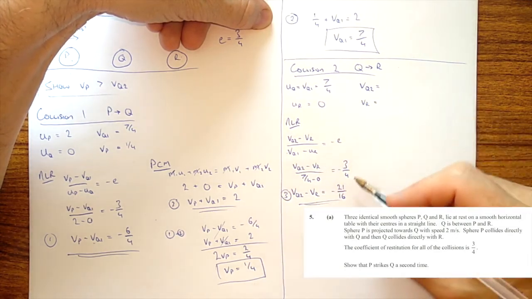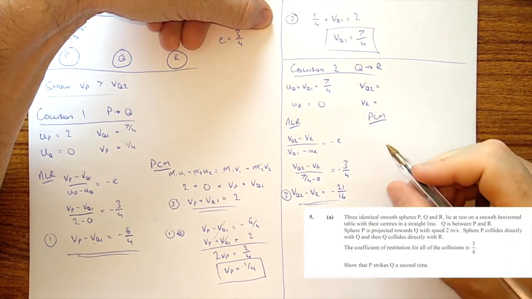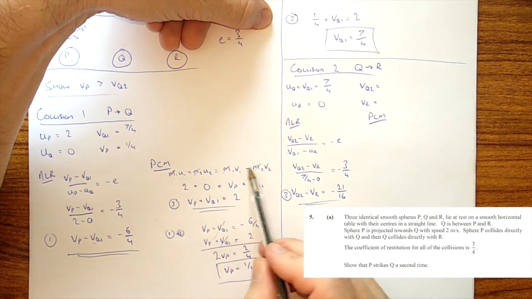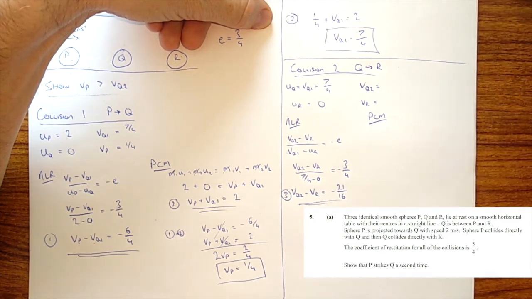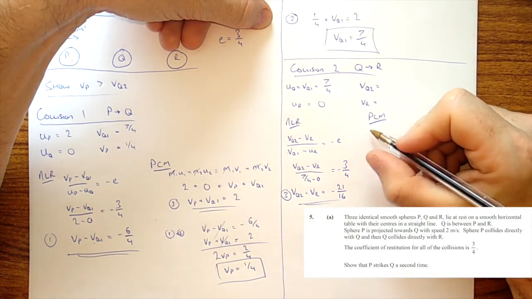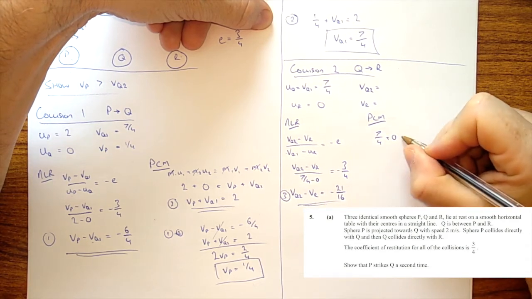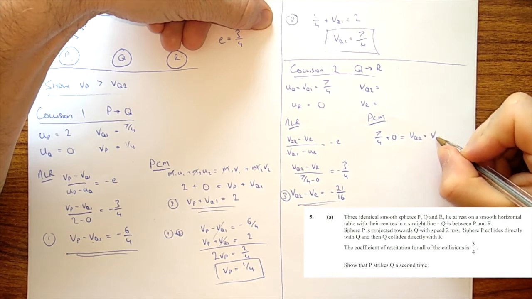Now we'll do our principle of conservation of momentum over here, so you can squeeze it all in nice and neat. We know from before the masses cancel out, so it's just the two initial velocities equal the sum of the two final ones. So in this case, it is 7 over 4 plus 0 equals VQ2 plus VOR.